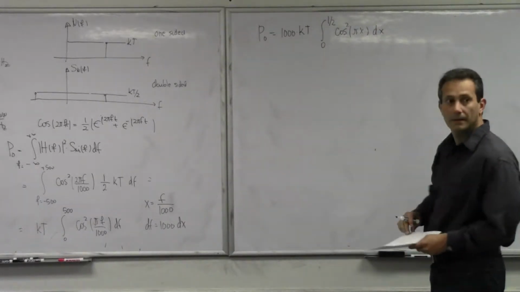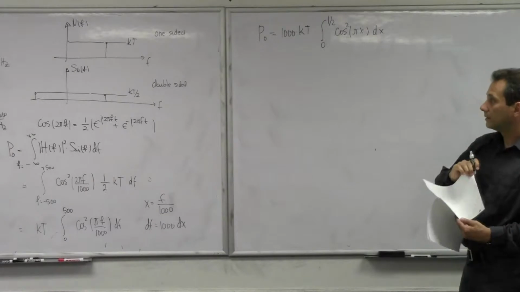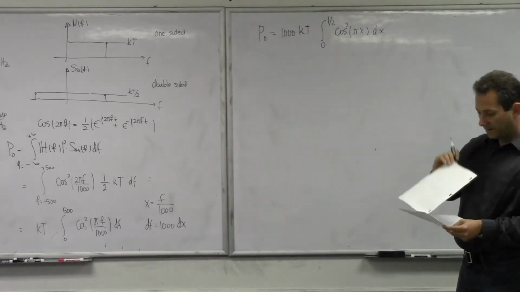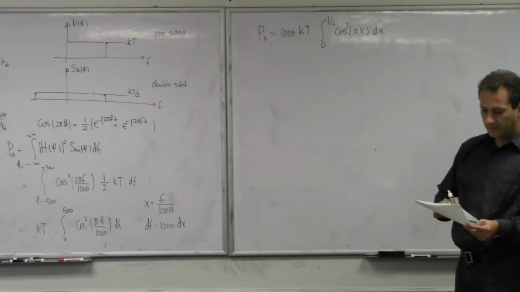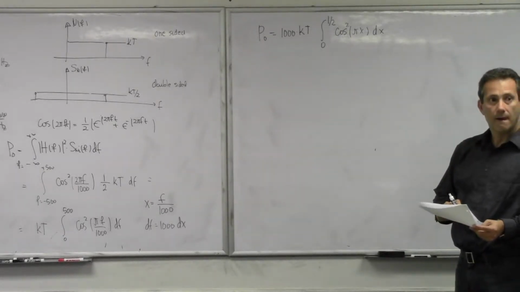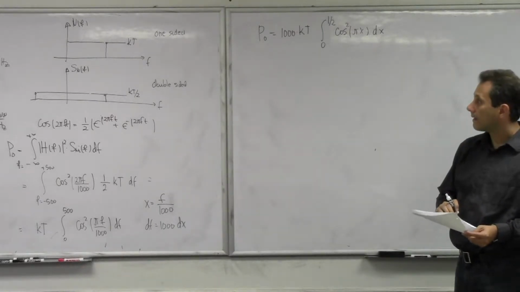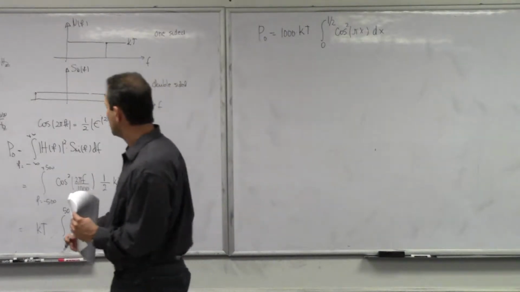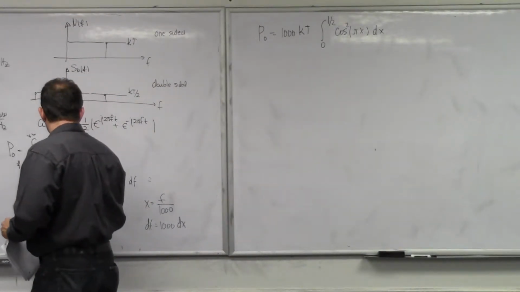The question is whether it is cosine of pi f or 2 pi f. I think pi f. When you take the square, it's cosine squared pi f over 1000. Yes, pi f.